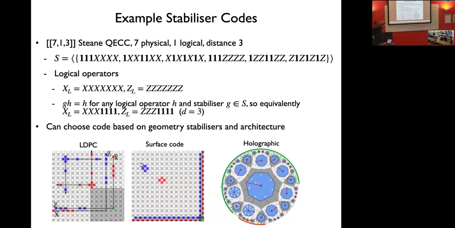And these string operators correspond to logical Z's or logical X's, depending whether they're red or blue. So for a toric code, you get 2 logical qubits, and the logical operator is represented by these strings. The strings intersect at 1 point, and so that forms a representation of SU(2).